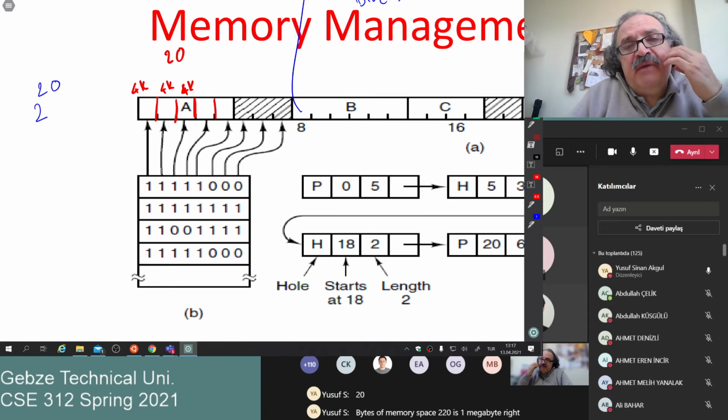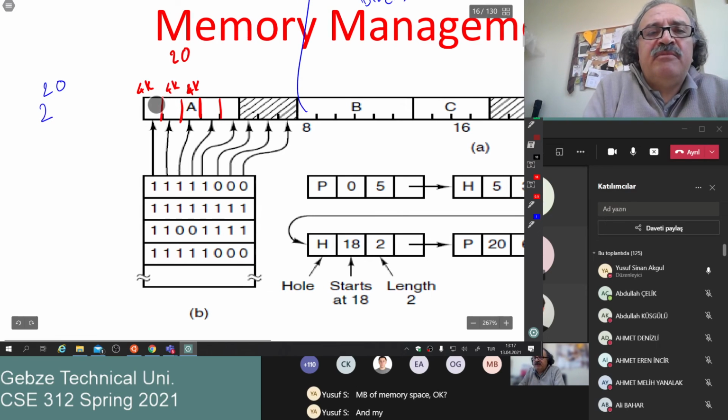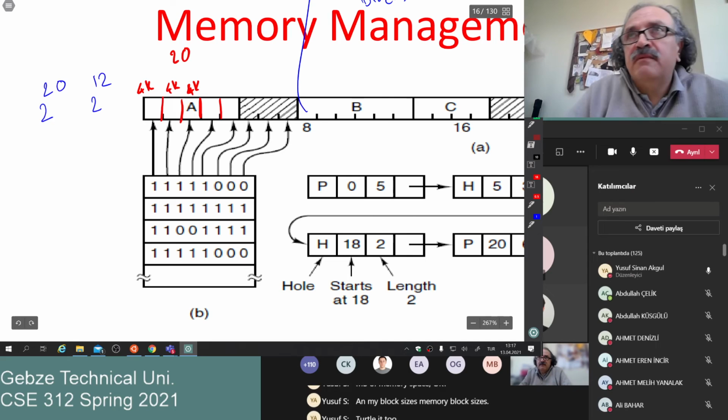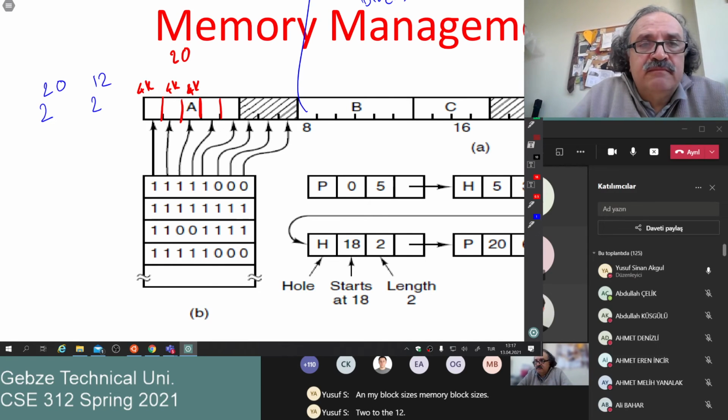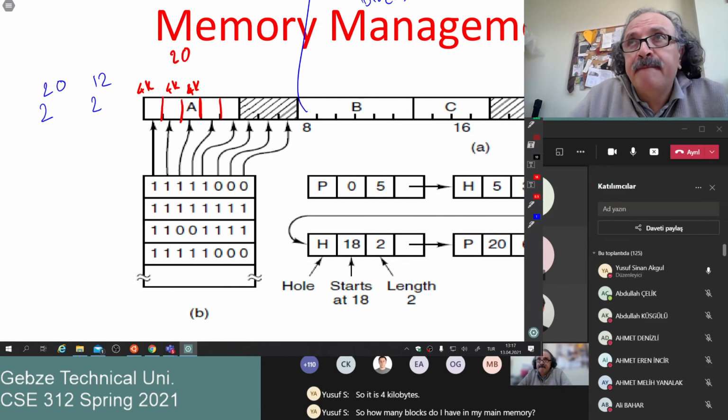It is 1 megabyte of memory space. And my memory block size is 2 to the 12, so it is 4 kilobytes. 4 kilobytes is 2 to the 12. So how many blocks do I have in my main memory?